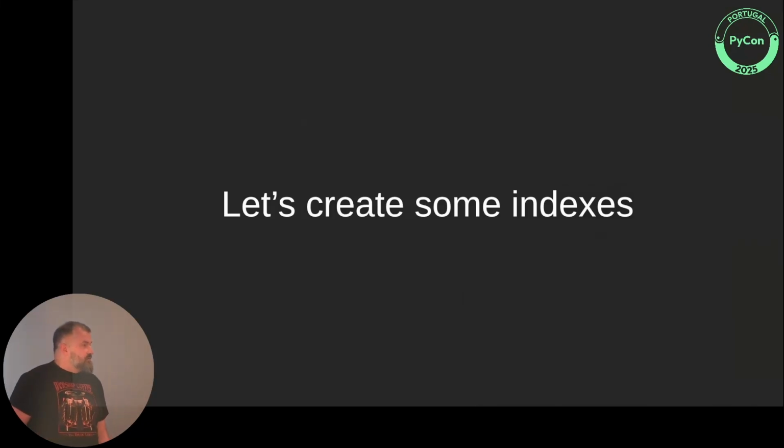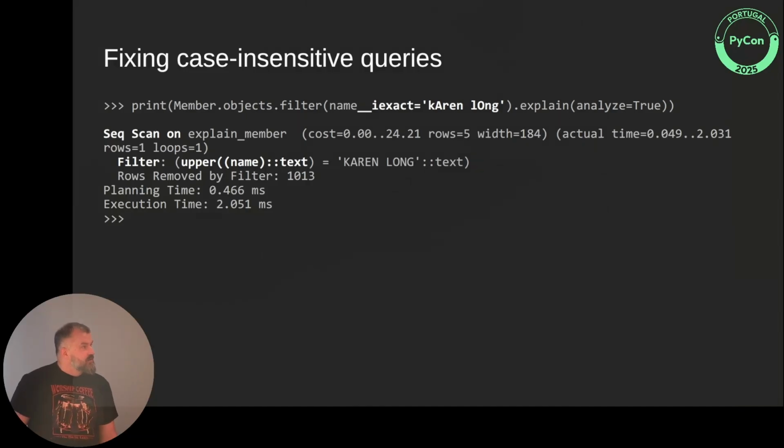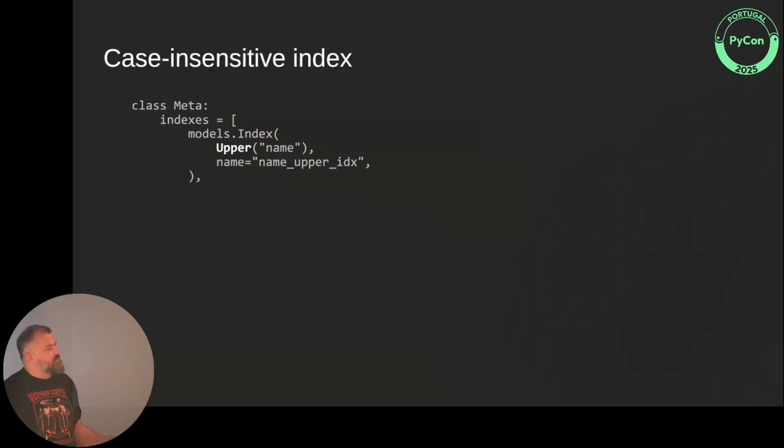So now let's create some missing indexes for the queries. We want to fix this kind of query that does a case-insensitive lookup. And here the database tells us that it's looking for upper on the name. So that's the condition it looks for, and for that, we have to create an index. It's Django syntax, but you can easily translate that to SQL.